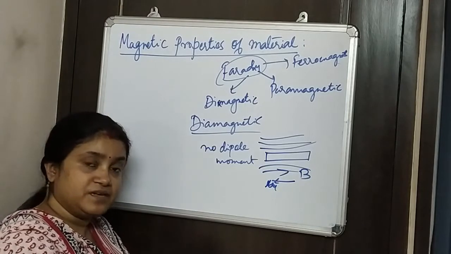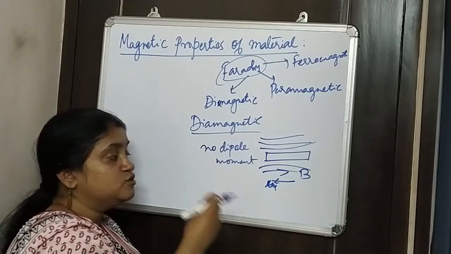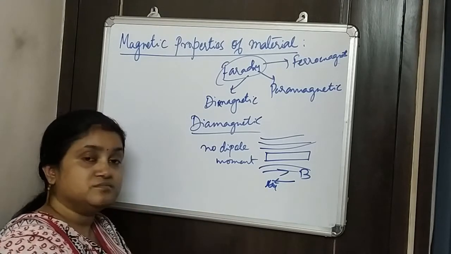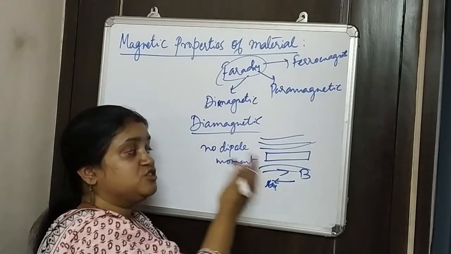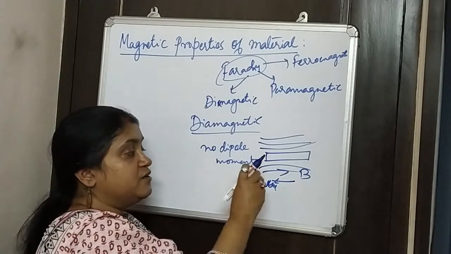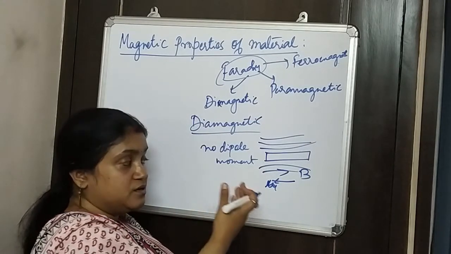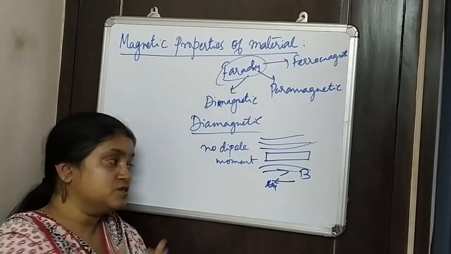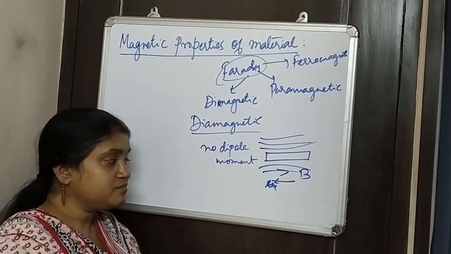Since it's opposite to the magnetic field, they feel a repulsion from this magnetic field. That's how we see this repulsive force.